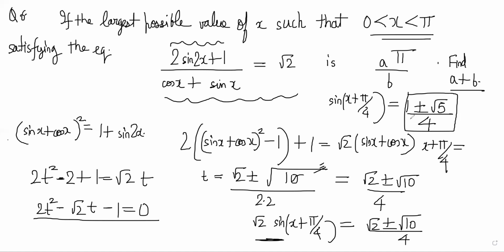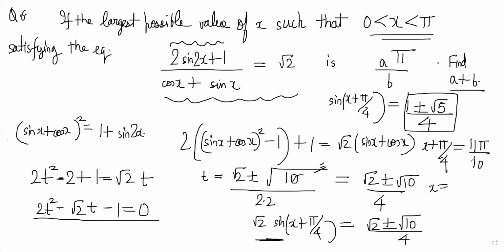So this is either pi by 10 or pi plus pi by 10. You can't take the minus value because then x is negative. So 11 pi by 10 is the other value. So x will be equal to 11 pi by 10 minus pi by 4.